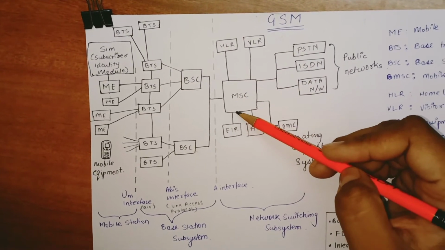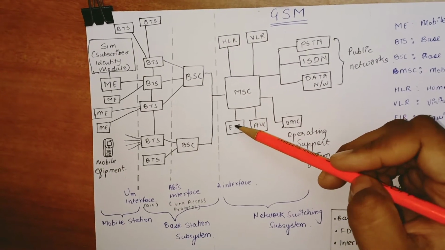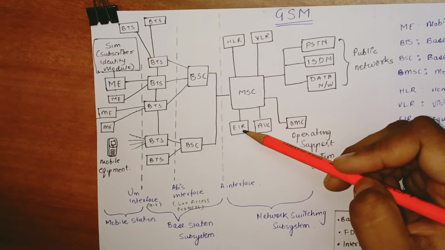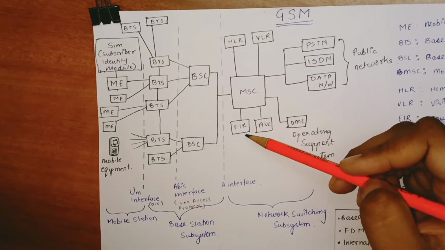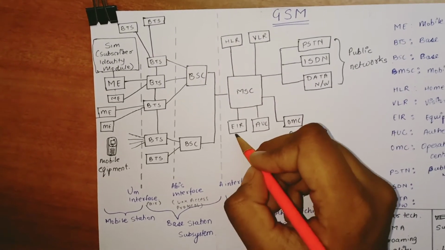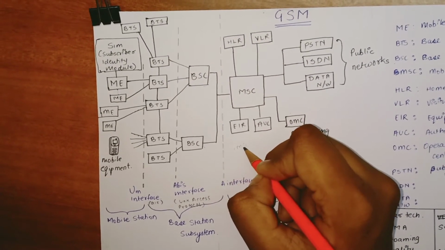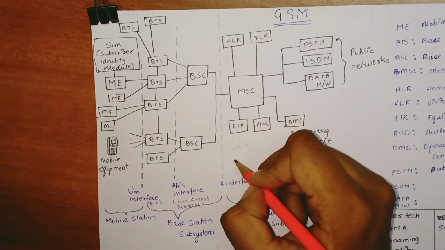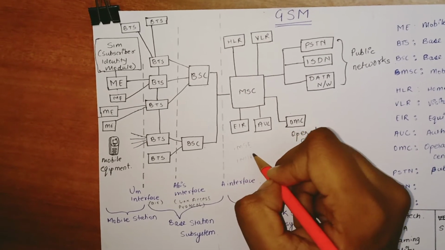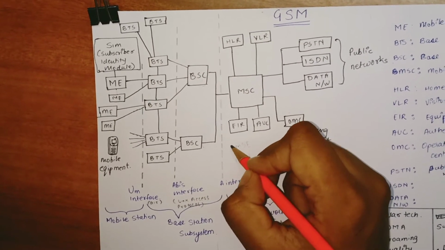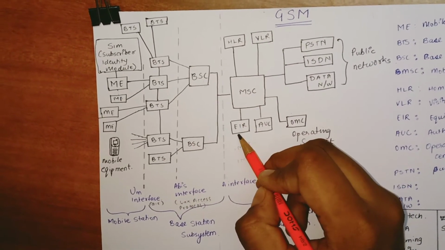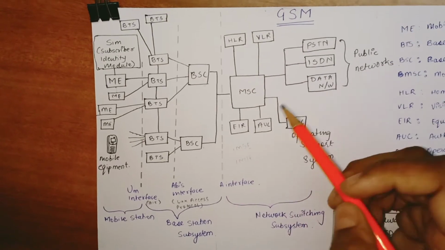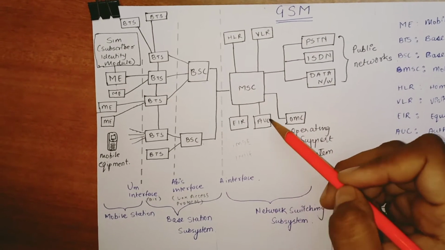Then another register connected to the MSC is the EIR, that is Equipment Identification Register. Your phone has an IMEI number, all of these things. The identification that your SIM is associated to your phone, this one has that information. Then comes the Authentication Center, AUC.